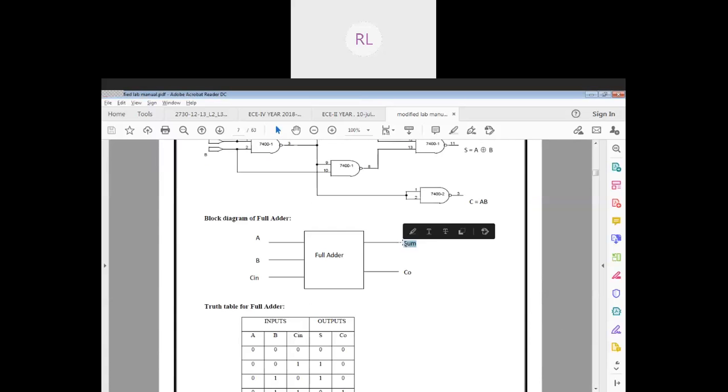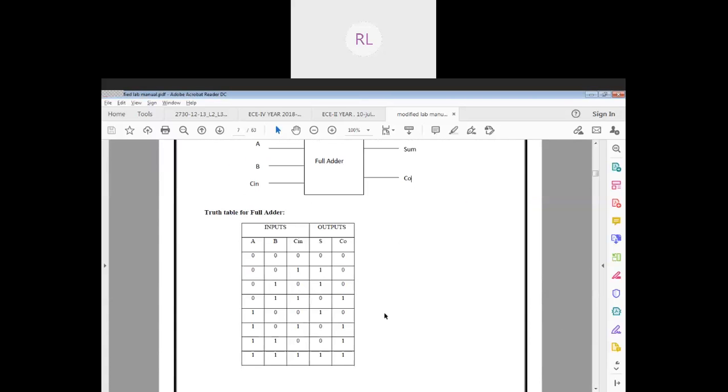Fine. So here, what is the difference between your half adder and full adder? Full adder is an extended version of your half adder, meaning we can make the best use of combinations of inputs, which means I can extend the combination of inputs using the full adder.